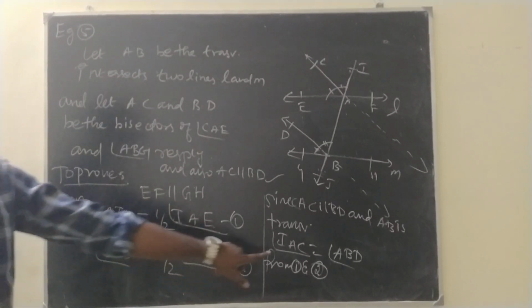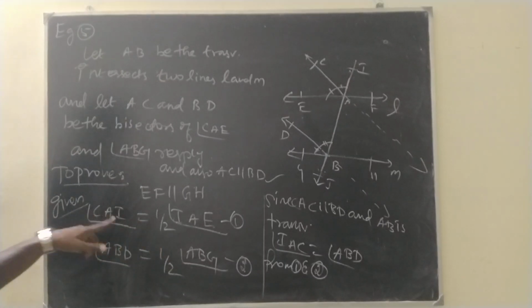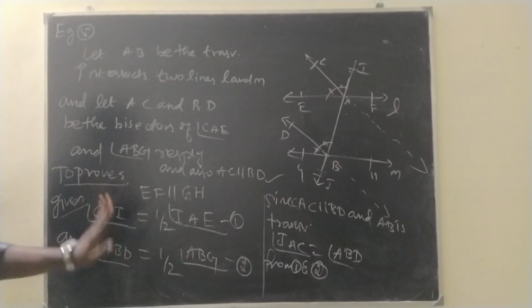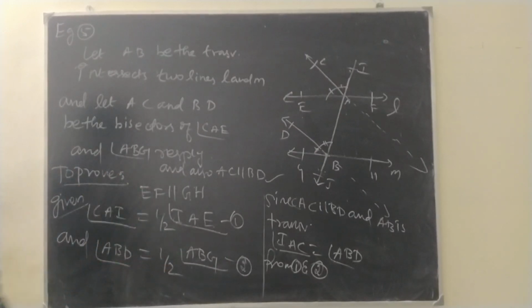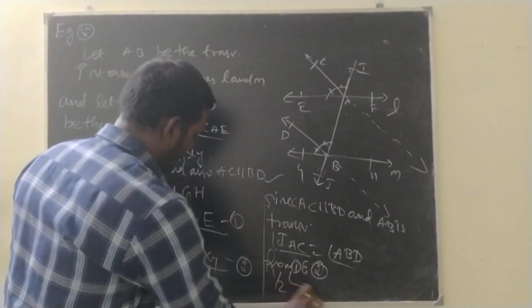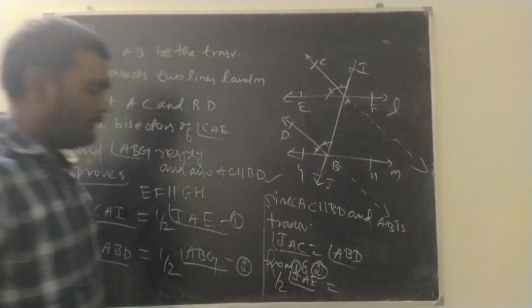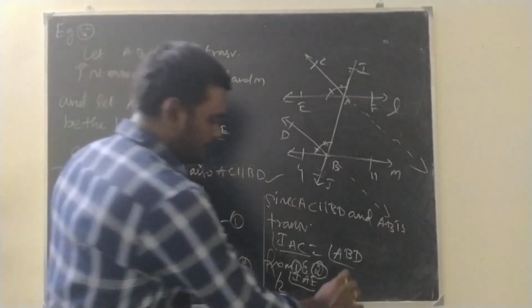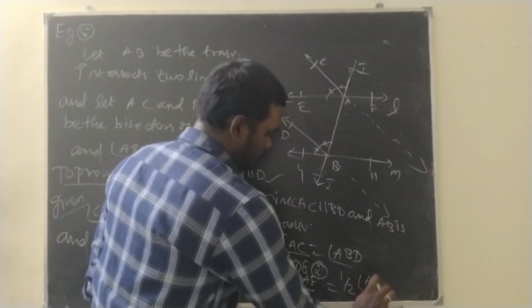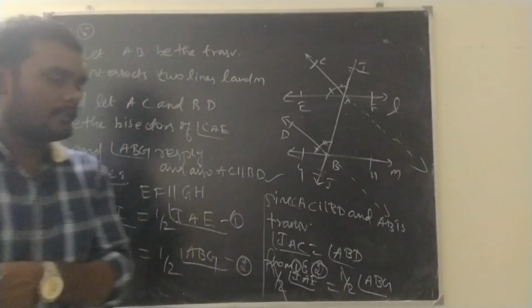This IAC is what? CAI, IAC, both are equal. Then this is half of this angle IAE, and that is equal to ABD, which is equal to half of ABG. This half, that half will get cancelled.